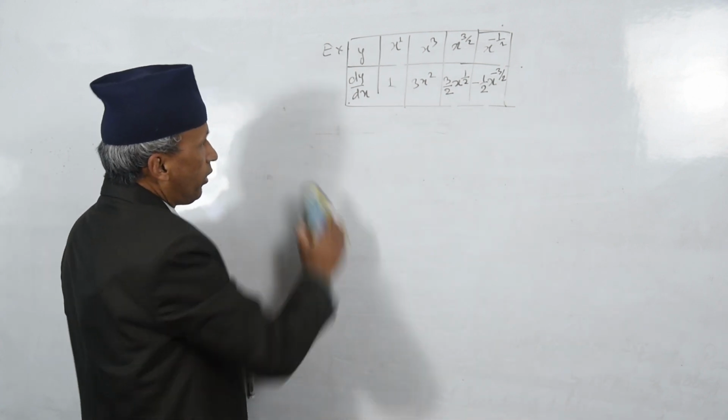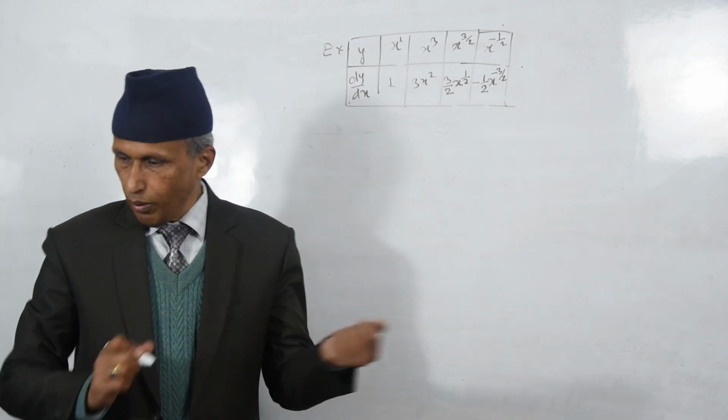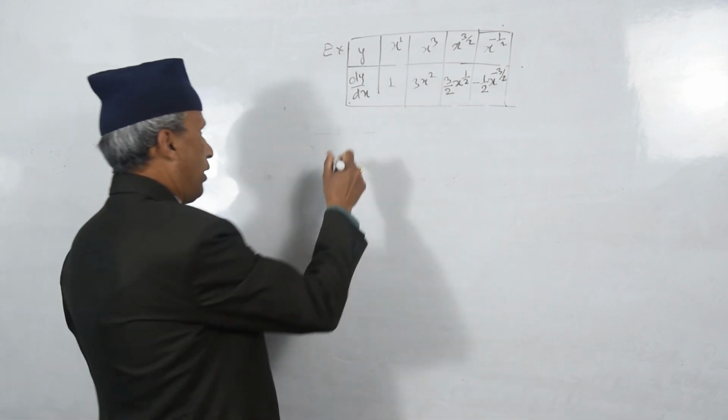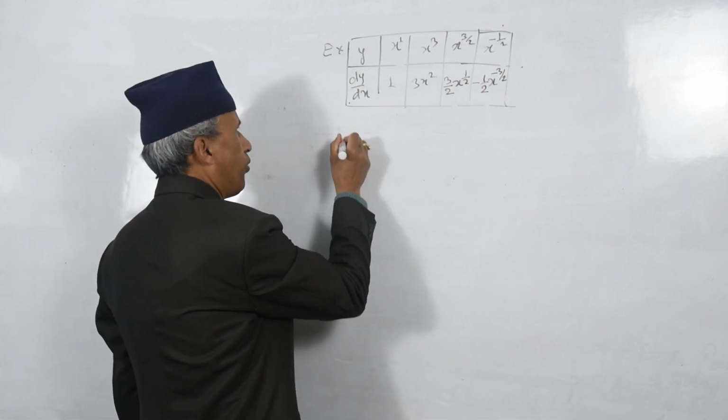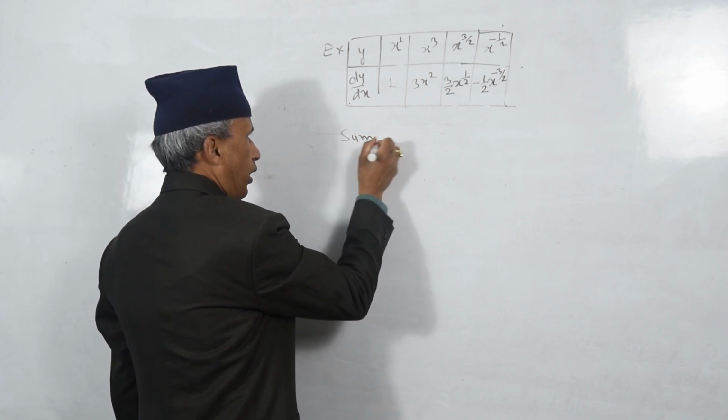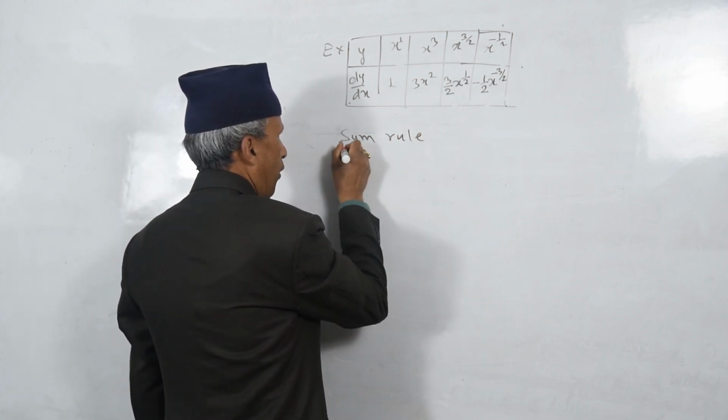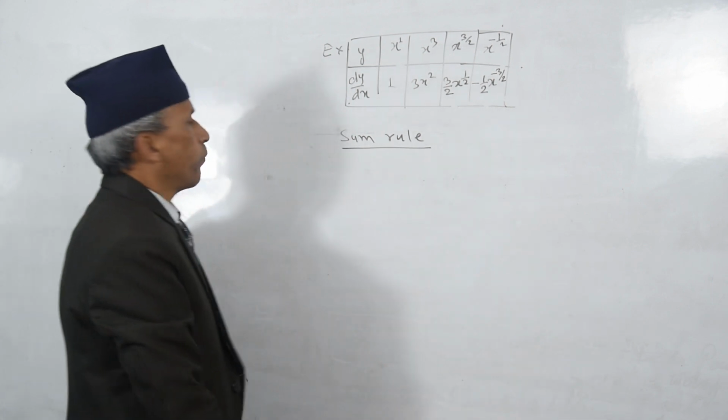Next we move to the derivative of the sum of two functions, the sum rule.